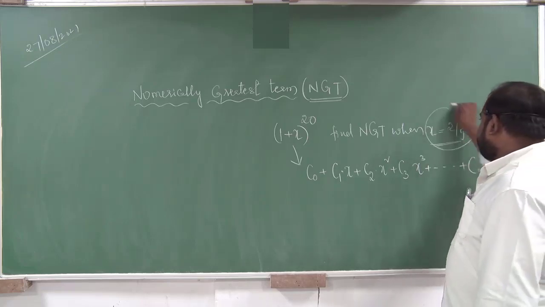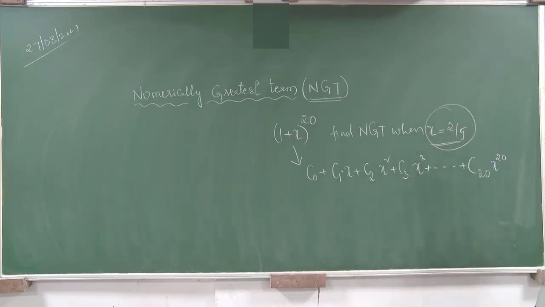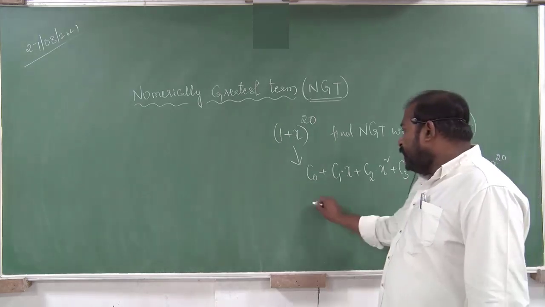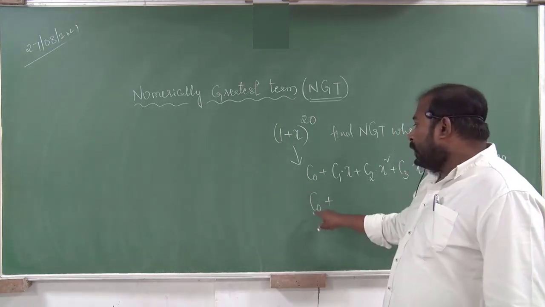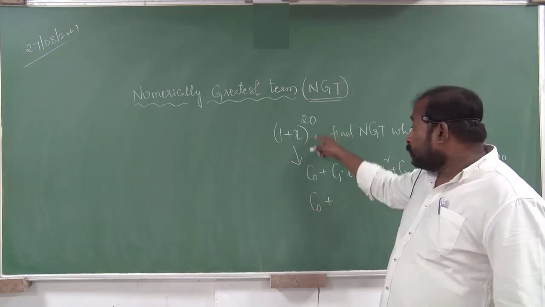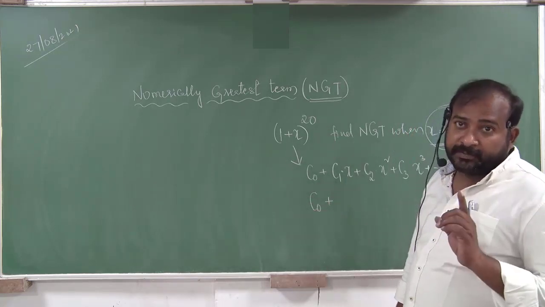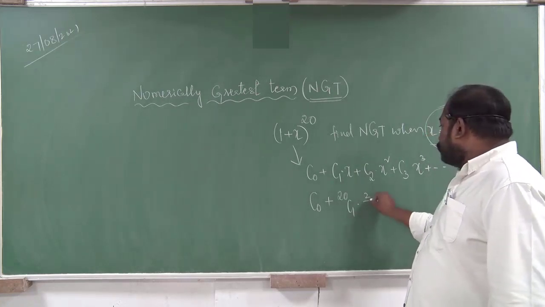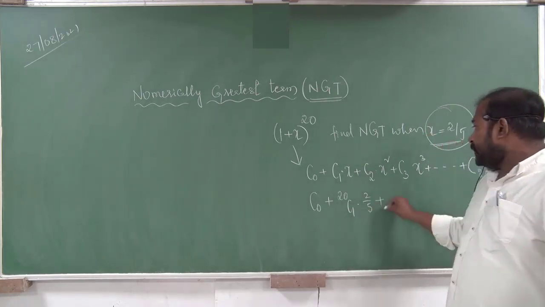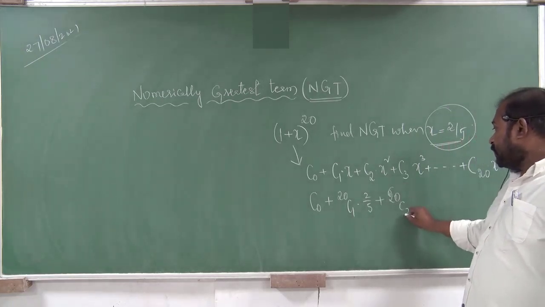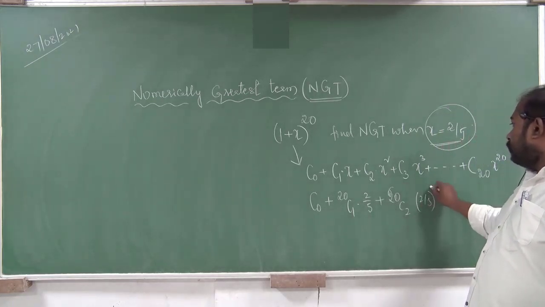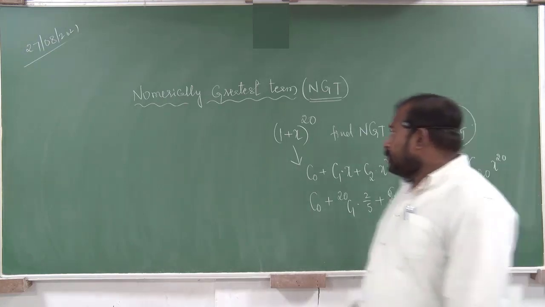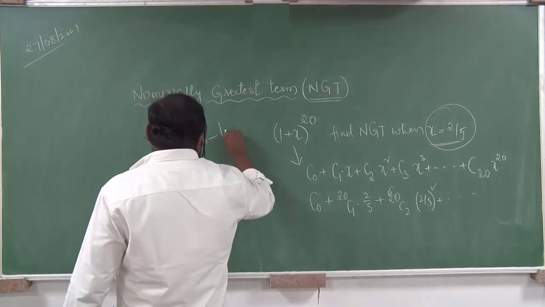Now you can replace x equal to 2/5. Then C0 means 20C0, that is the important thing, plus 20C1 into 2/5 is the second term, 20C2 (2/5) whole squared, plus so on. In total, how many terms are there? 21 terms you will get in total.